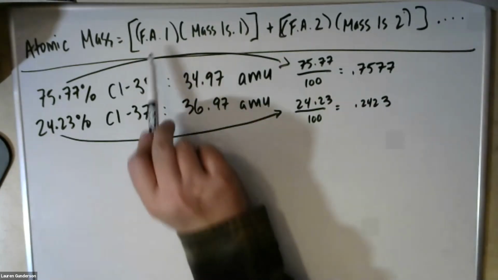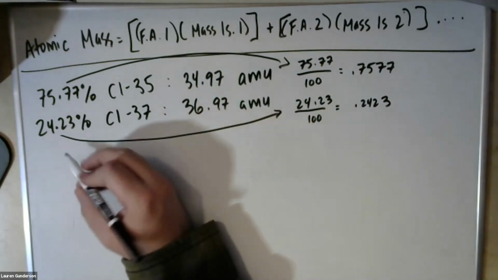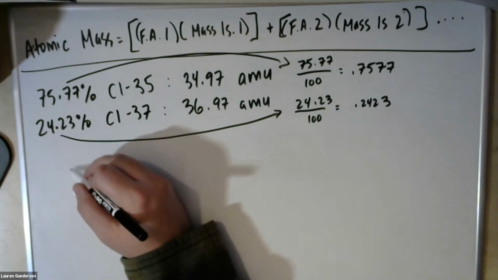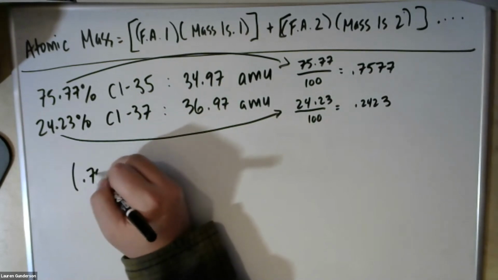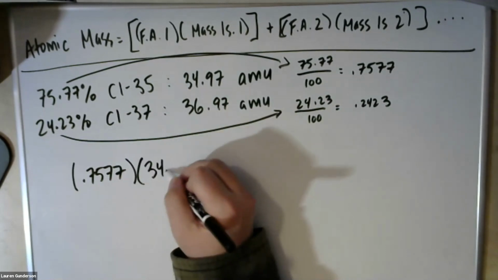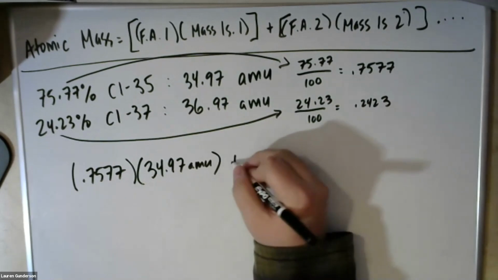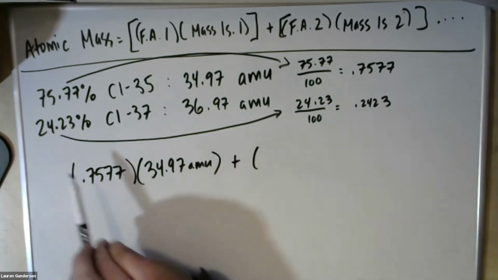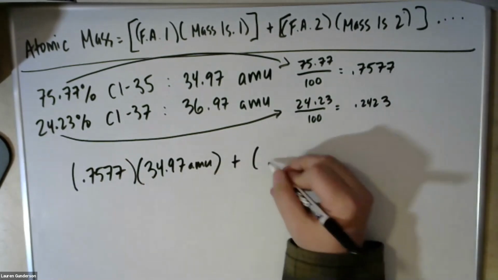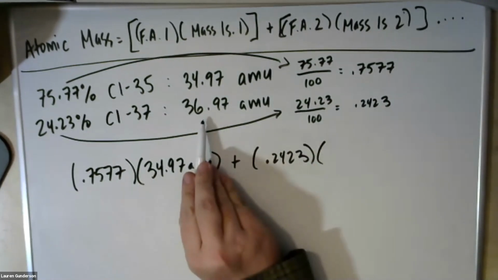We'll take the fractional abundance of isotope 1 and multiply it by the mass of isotope 1. So we have 0.7577 times 34.97 AMU. And then the fractional abundance of isotope 2 times the mass of isotope 2.